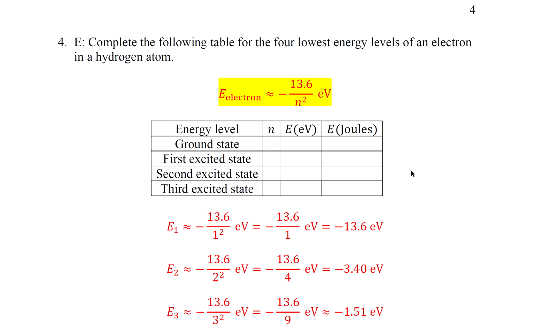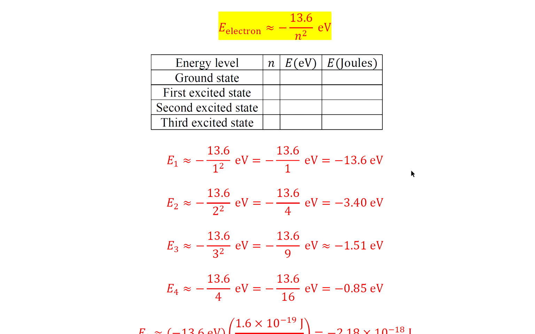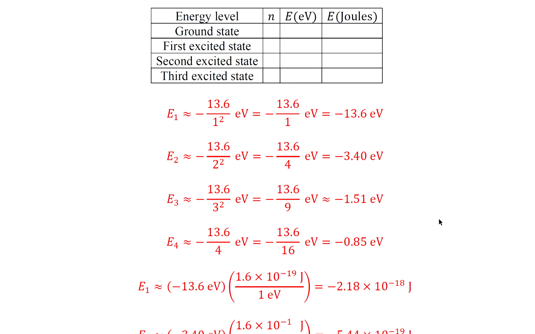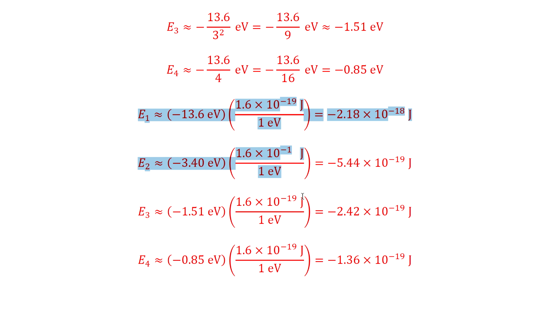Question 4. Complete the following table for the 4 lowest energy levels of an electron in a hydrogen atom. So we have this table. Got to fill out the table. So for electron volts, we're just going to let n equal 1, 2, 3, and 4. And then for the energy in joules, we have to convert from electron volts to joules.